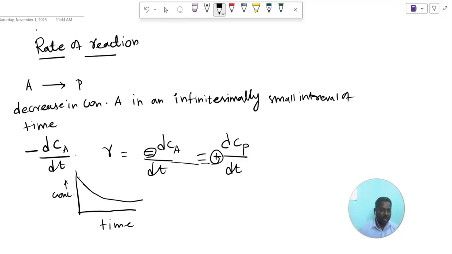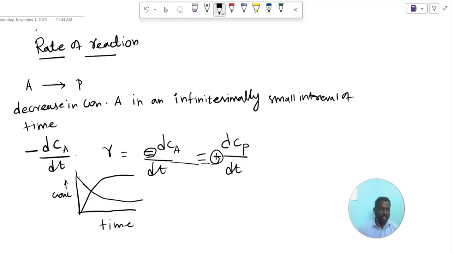When the product starts forming, the reactant concentration is decreasing. The product concentration keeps on increasing as time goes on. After the completion of reaction, it attains saturation.